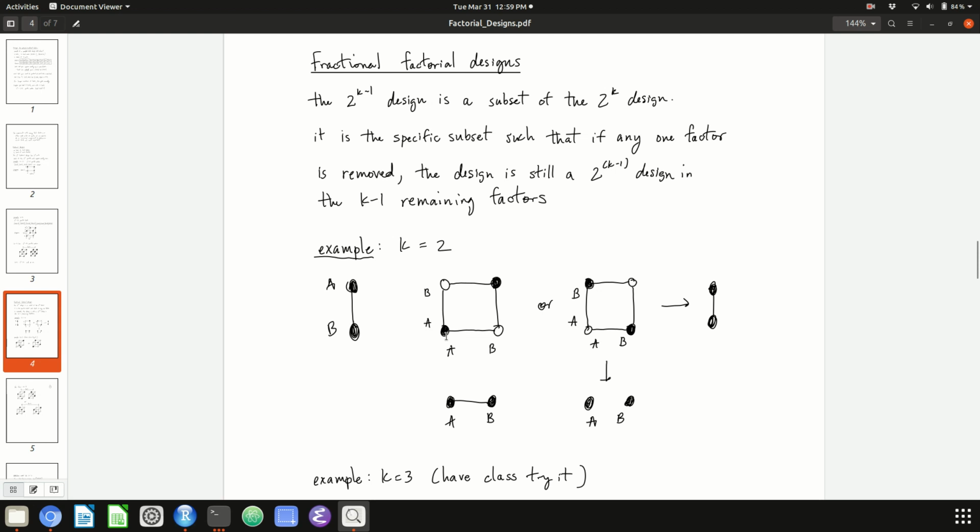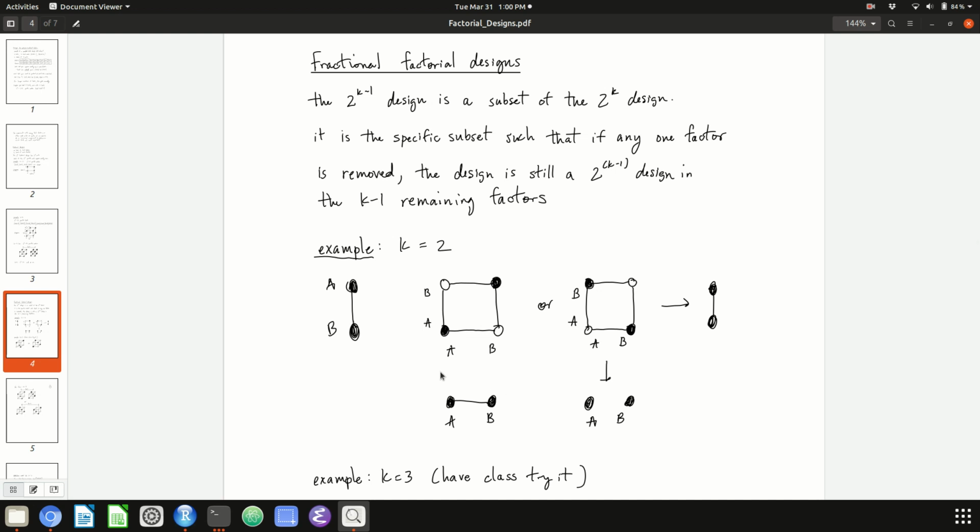If we imagine, so let's see, horizontal is factor 1, vertical is factor 2. If we were to delete factor 2, that means we're collapsing this design along factor 2. And so this one will drop to here, and we have both settings of factor 1.